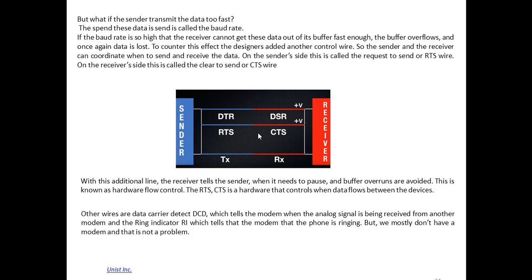With this additional line of RTS and CTS, the receiver tells the sender when it needs to pause and buffer overruns are avoided. This is known as hardware flow control. The RTS CTS is hardware that controls when data flows between the devices.